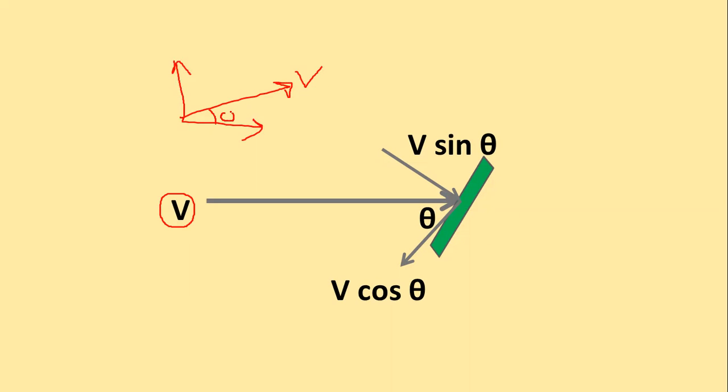Now for example, this is the angle theta. So the component nearby to the angle given is always the cos component, and the other component is obviously the sine component. Similarly here, I have divided this velocity v into two components, one is the sine component, the other is the cos component.